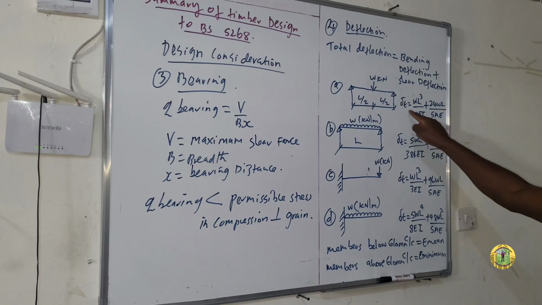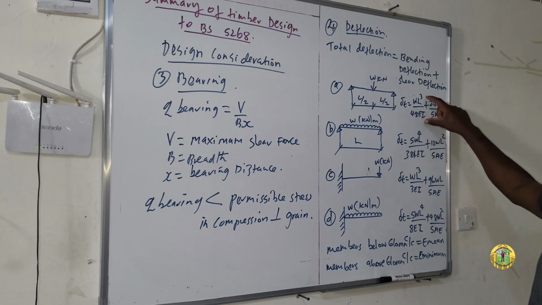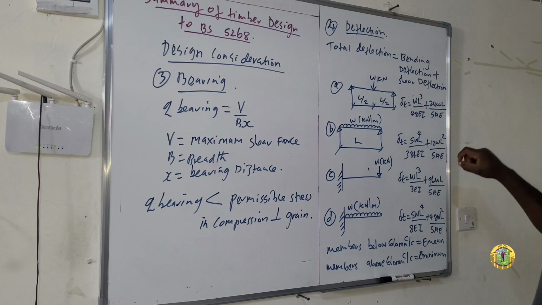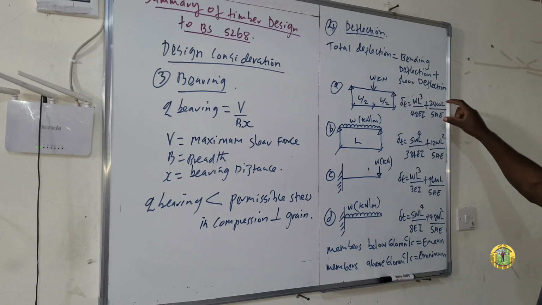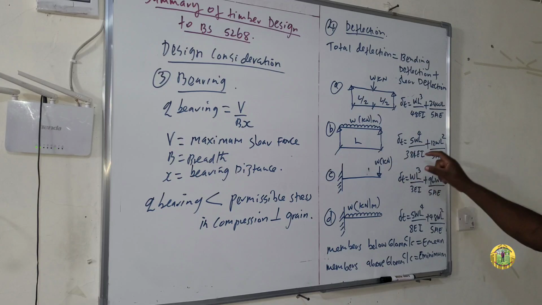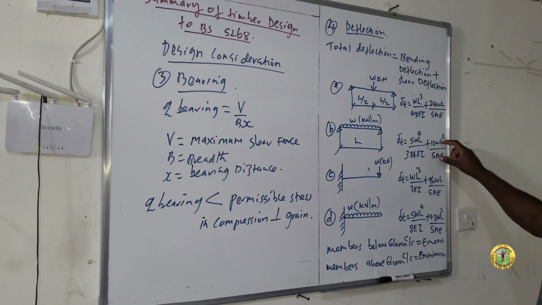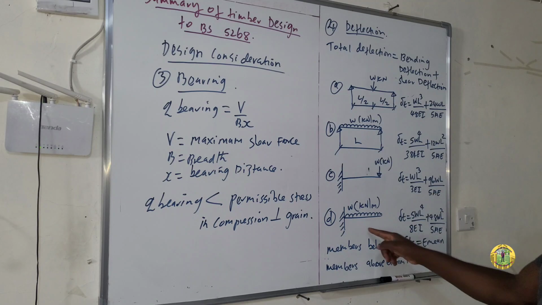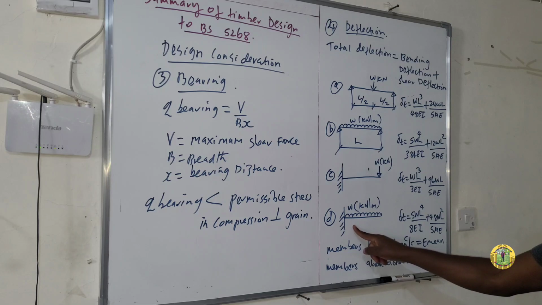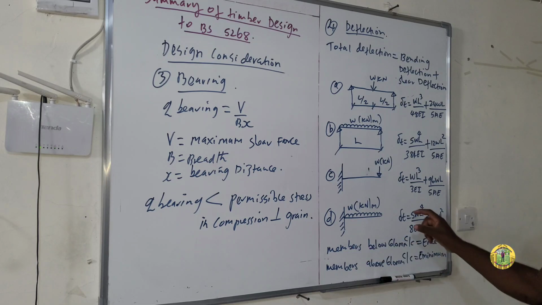The total deflection is the bending deflection plus the shear deflection. For the second case, this is the formula. This one is for the bending deflection, and this one is for the shear deflection. It also applies to a cantilever beam, which is supported on one side, and the total deflection is given by this formula.